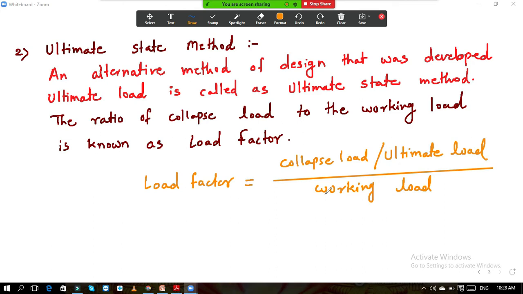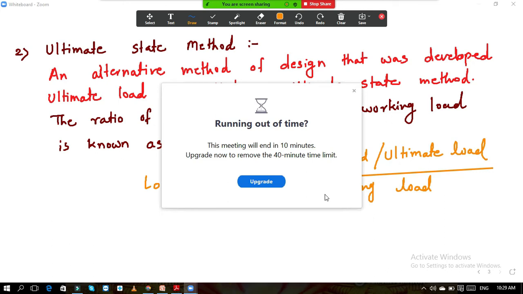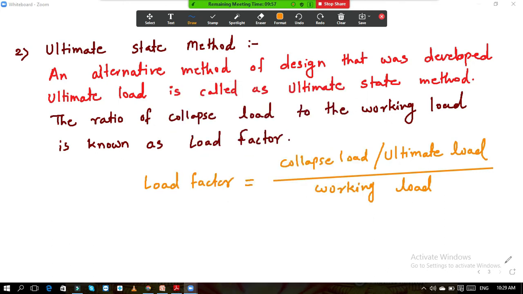But if the same member I design by using the ultimate state method, and after designing I finalized the dimension as 200 by 200. Suppose, now imagine 200 by 200. Now by the ultimate state method, the cross sectional dimension I am getting is 200 by 200, and by working stress method it is 400 by 400.